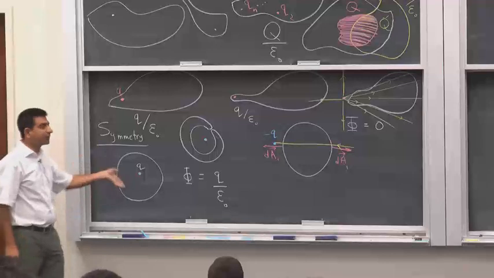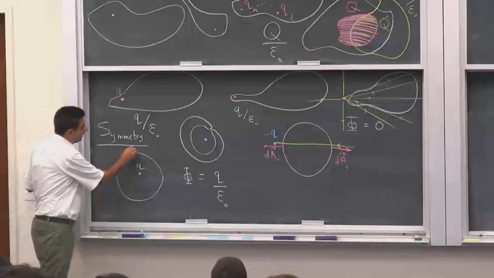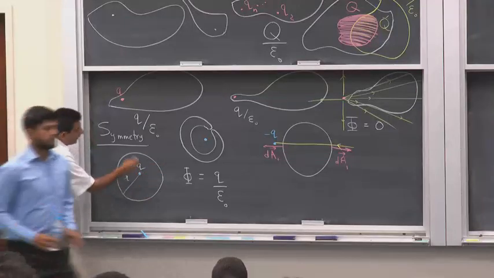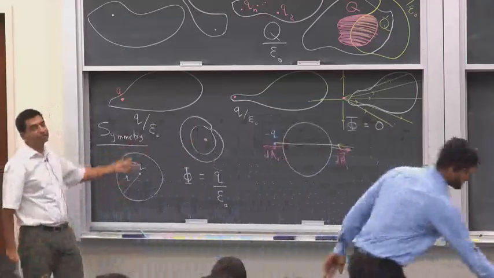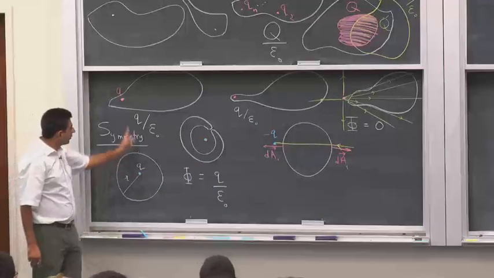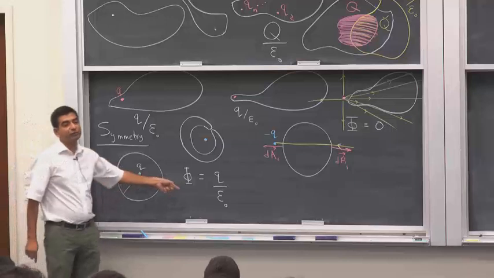And I've also derived this from Coulomb's principle, because the electric field magnitude is going to be the same. This sphere is at a radius r. All points of the sphere are equidistant from the charge. And the normal vector is always parallel to the electric field. So we've derived this from Coulomb's law.